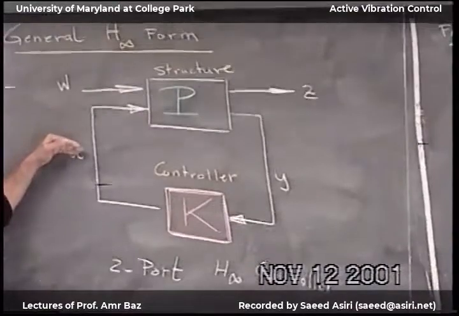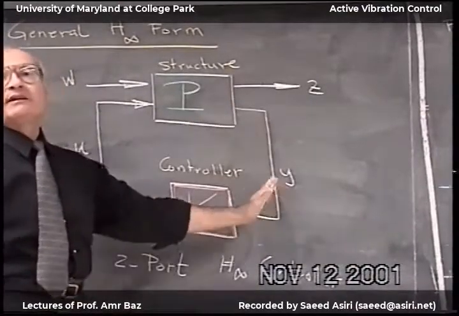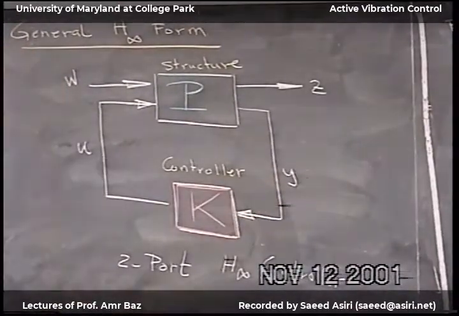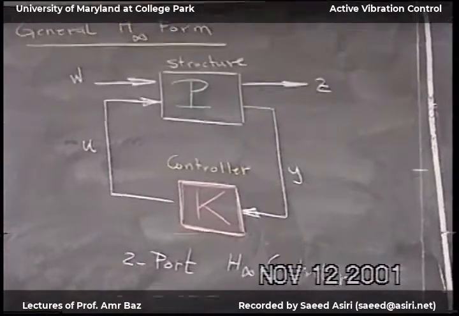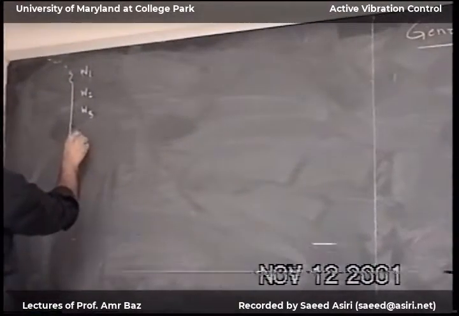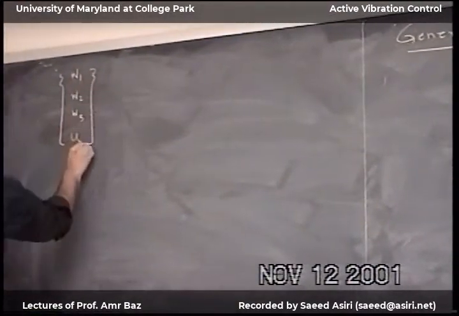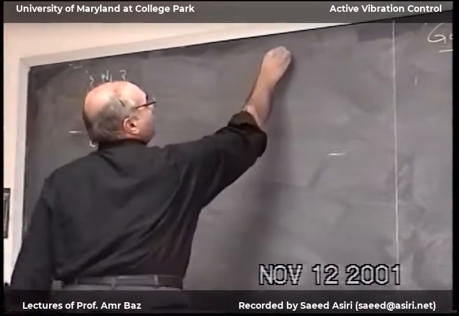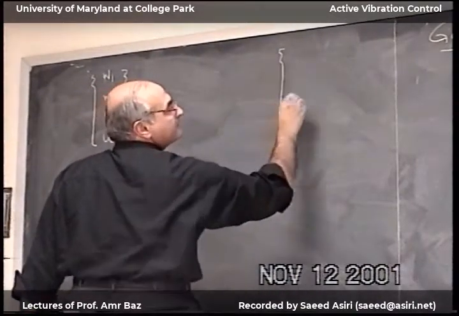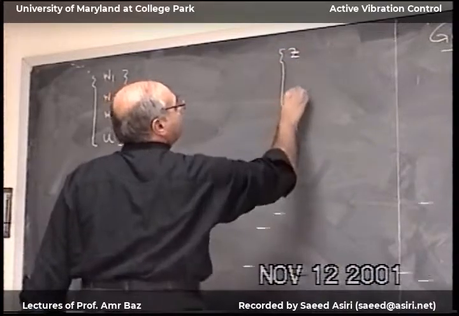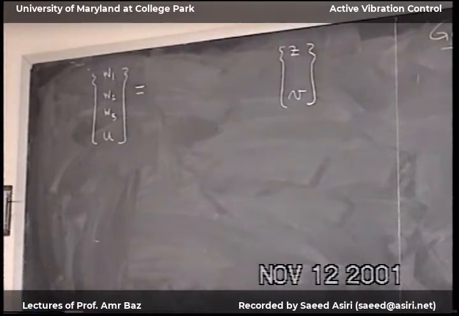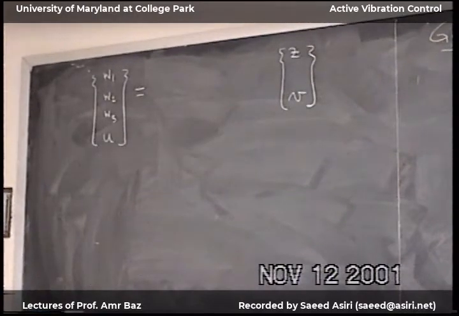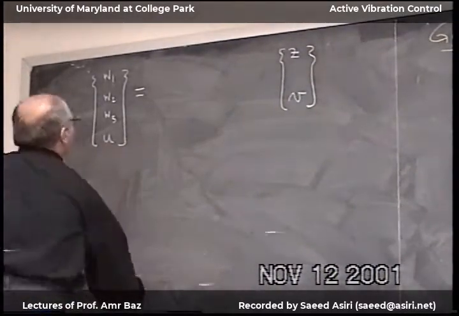Now I have the two ports have W and U. The other two ports have Z and Y, or Z and V. So now I have W1, W2, W3, and U. And then I want to relate this to Z and V. I'm sorry, reverse.